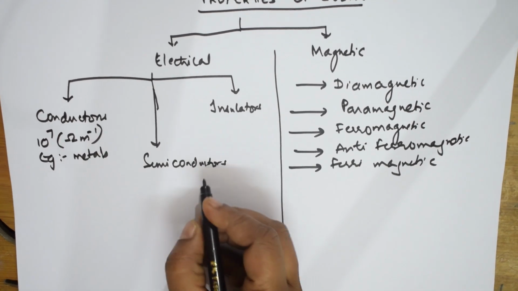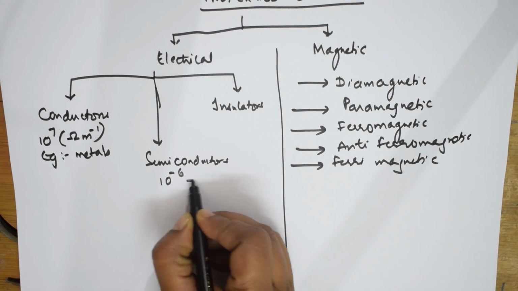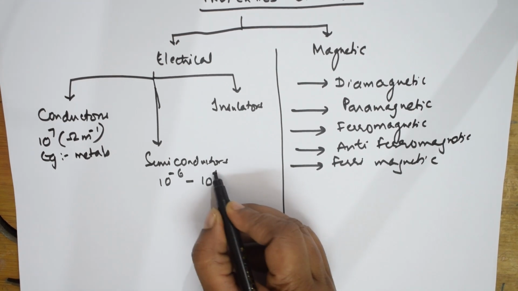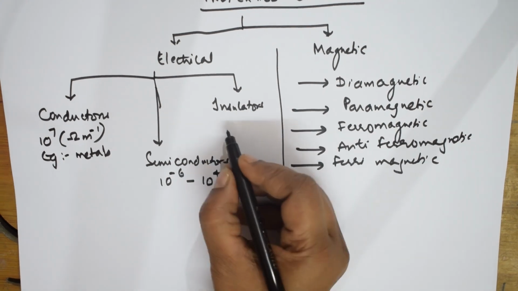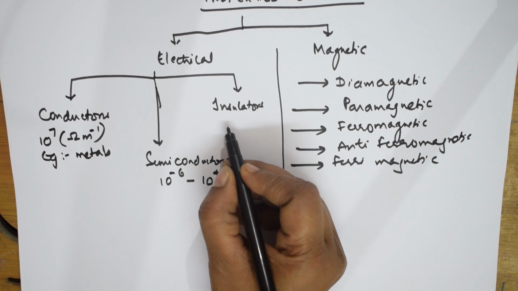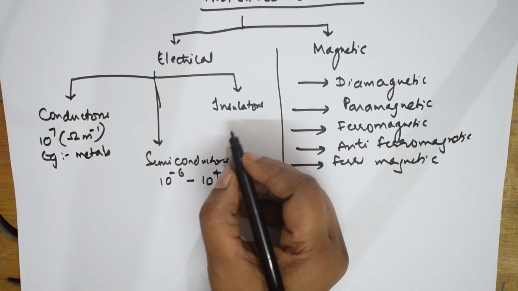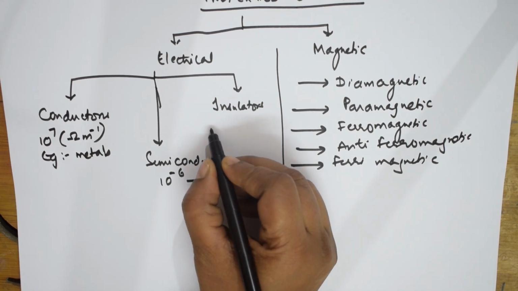Yeah. So when I speak about semiconductors, what is the conductivity range? 10 to the power of minus 6 to 10 to the power of 4 ohm meter inverse, right? Done. When I speak about insulators, where there is no flow, means in insulators, what will happen? The conductivity range is very low because of the almost absence of the flow of electrons.